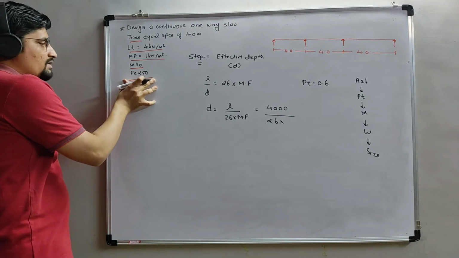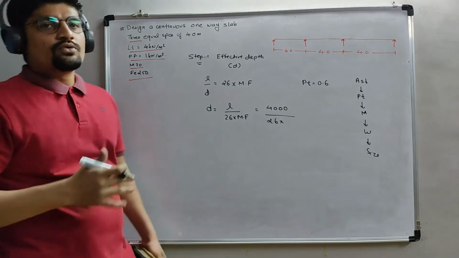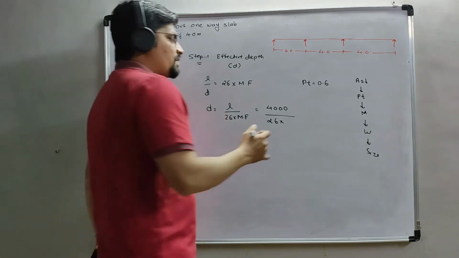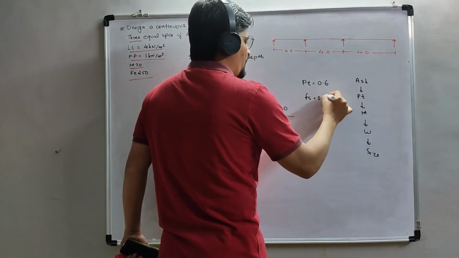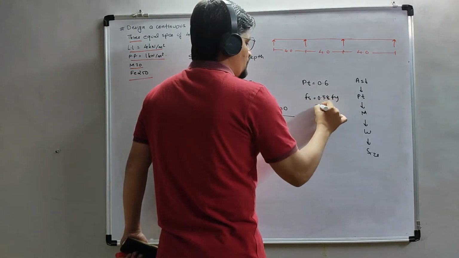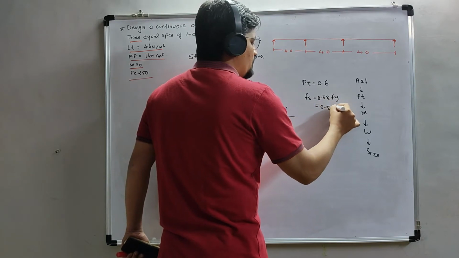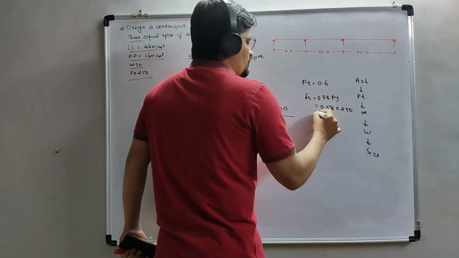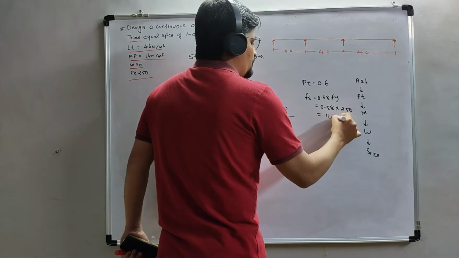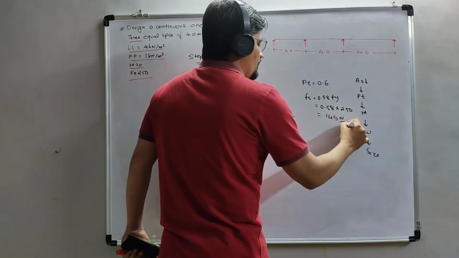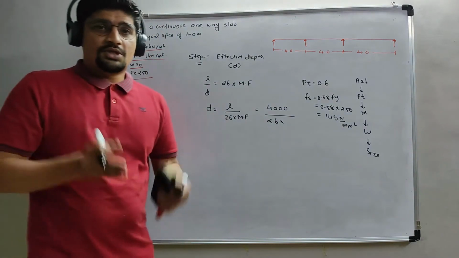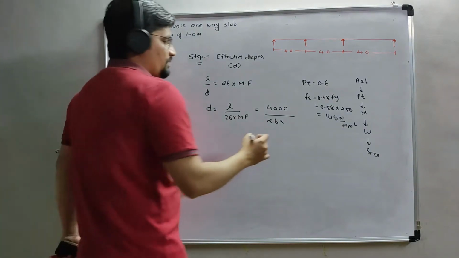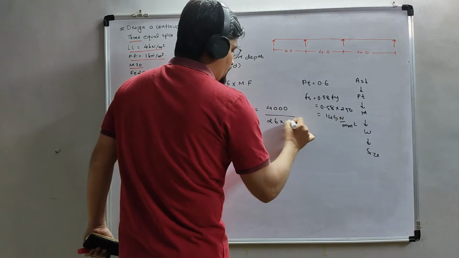Remember one thing, here it is mild steel, Fy is equal to 250. So in the equation of fs, which is 0.58 Fy, the value will be 0.58 into 250, so it will be 145 Newton per mm square. On the basis of the chart, the modification factor value is 1.8.